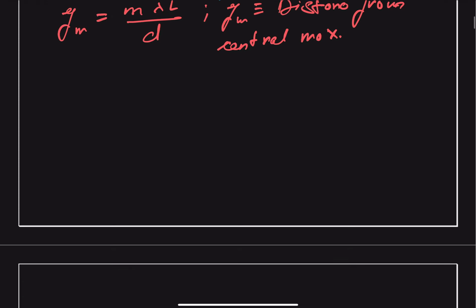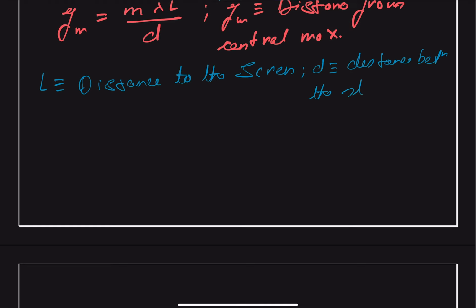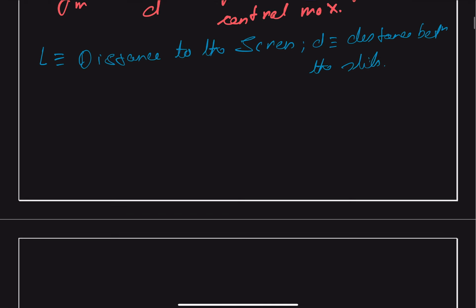So L is the distance to the screen, and small d is the distance between the slits. So we have to find this for the third bright fringe.